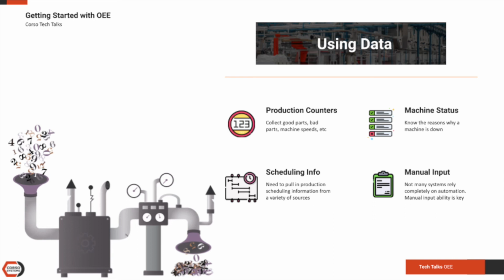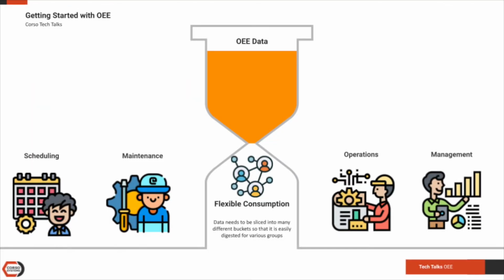And really, once we get to this layer and we are pulling in all the machine status information and the downtime information and the production information that we can from the shop floor, again via automated processes or manual processes, now we are getting into the stage where we can fine-tune how that information is being presented to the different groups and personnel within our operations.